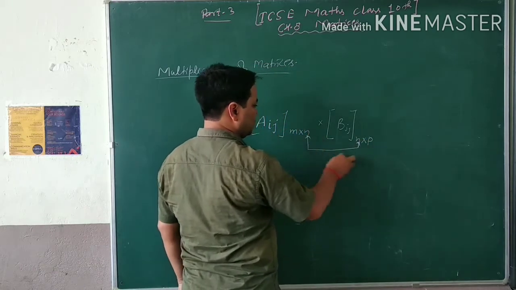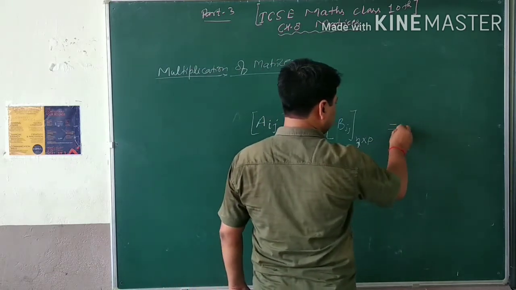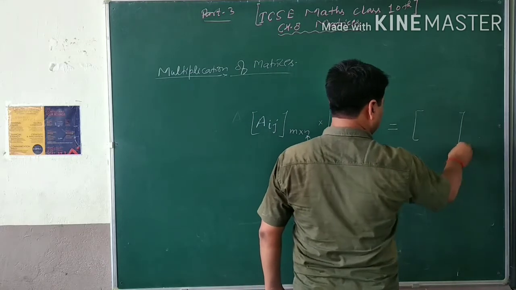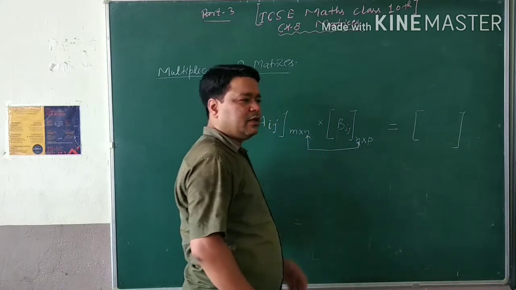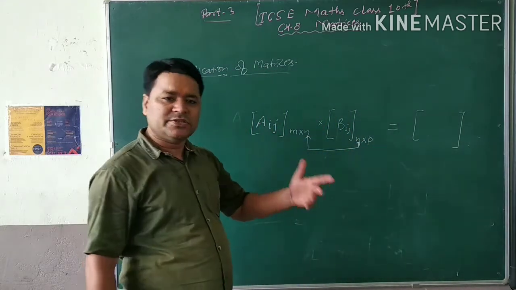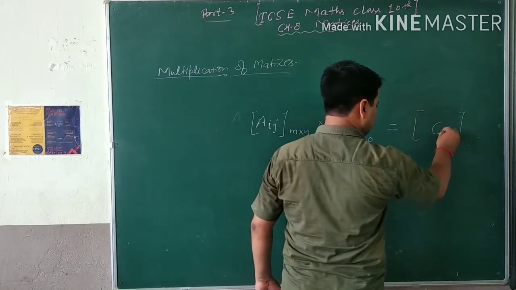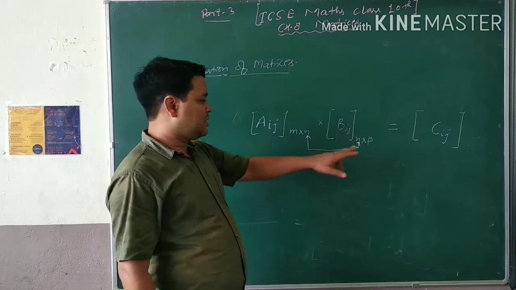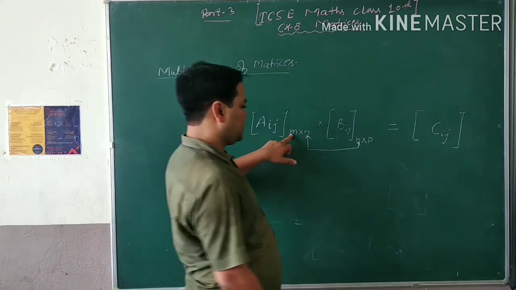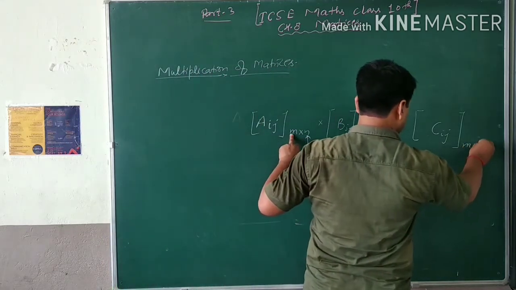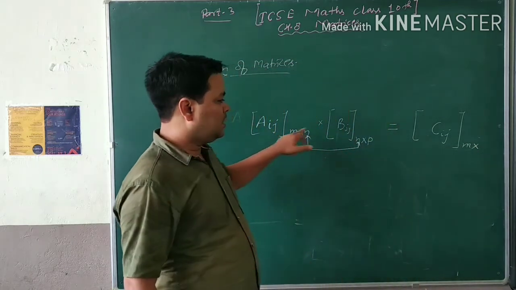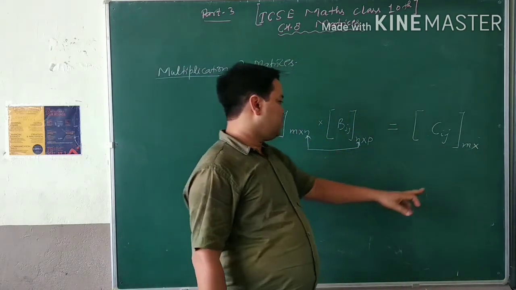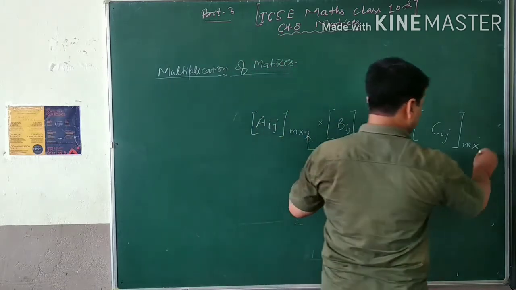Then what is the order of the resultant matrix? Let the resultant matrix be C. The rows of the resultant matrix will be the rows of the first matrix, that is m, and the columns of the resultant matrix will be the columns of the second matrix, that is p.